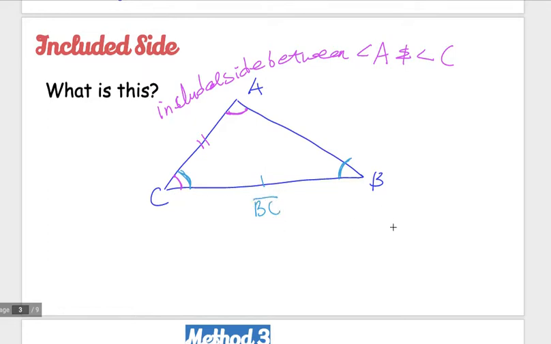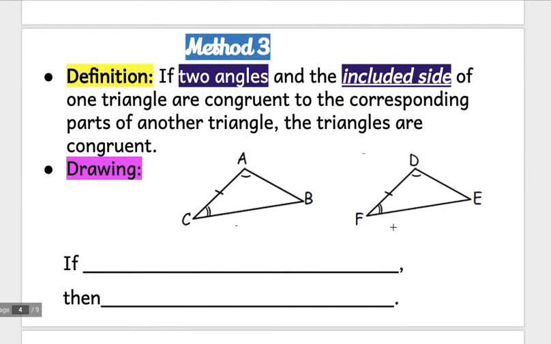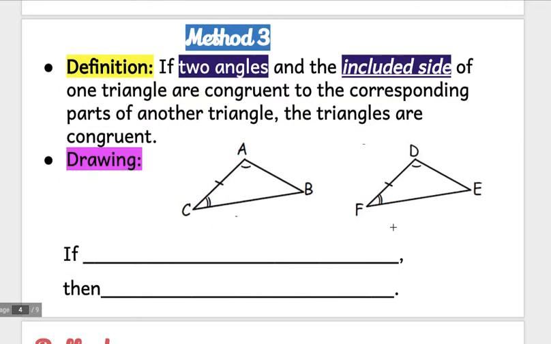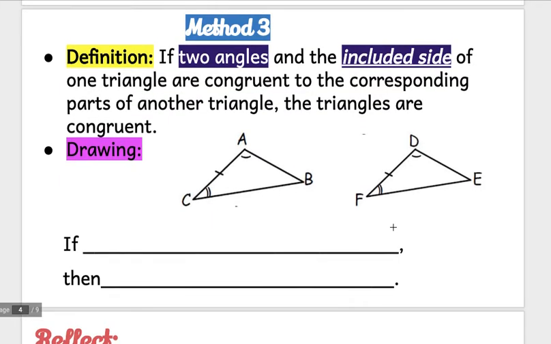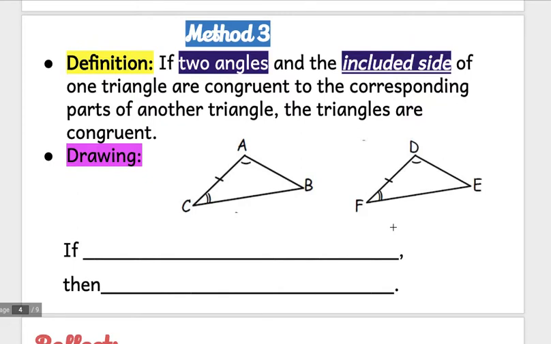So for this idea, we are going to introduce the next method. Let's see the definition first. If two angles and the included side of one triangle are congruent to the corresponding parts of another triangle, then these two triangles are congruent.